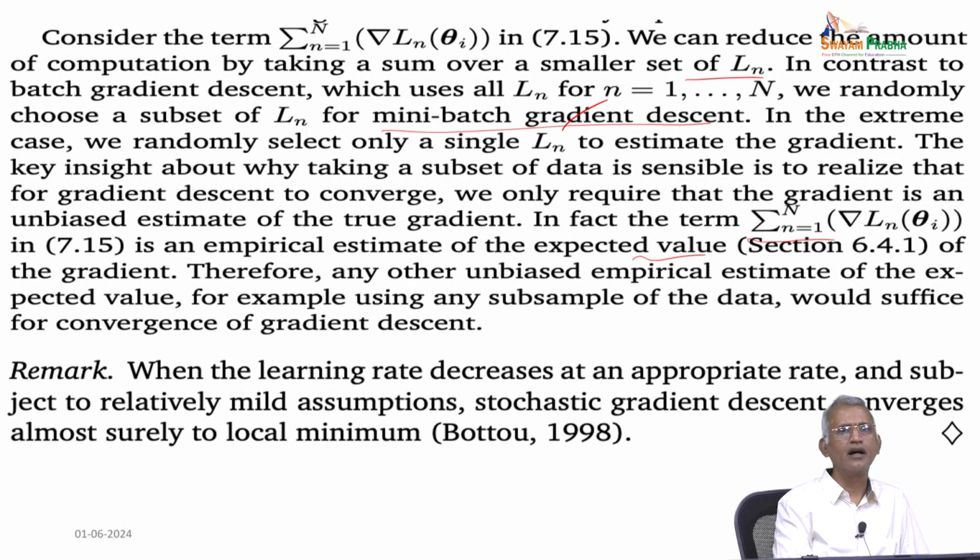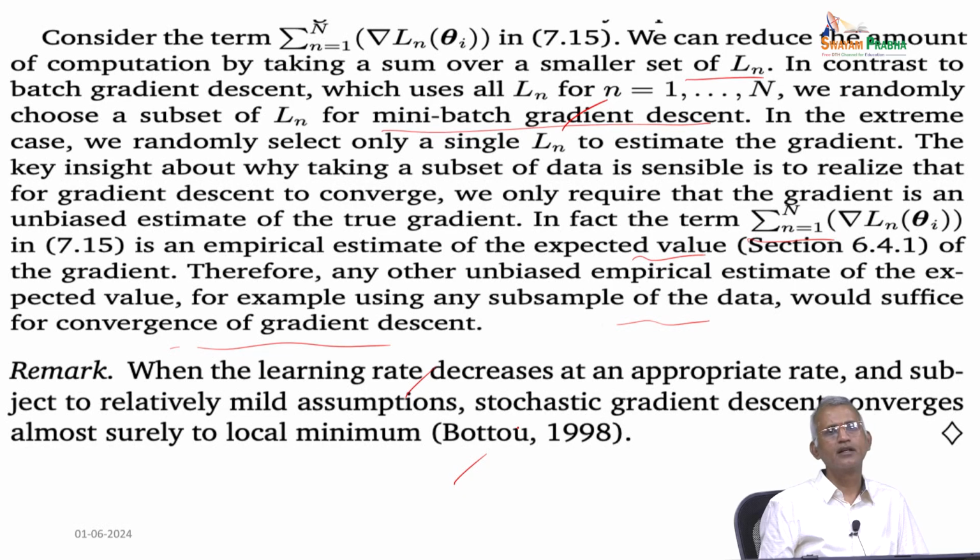Therefore, any unbiased empirical estimate of the expected value, for example using a subsample of the data, would suffice for the convergence of gradient descent. Note, when the learning rate decreases at an appropriate rate, subject to relatively mild assumptions, stochastic gradient descent converges almost surely to a local minimum.